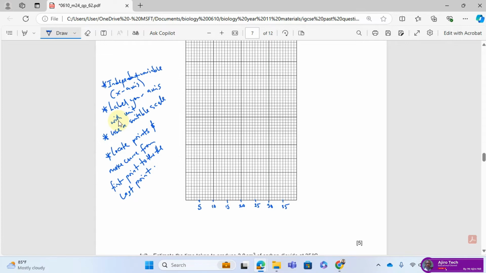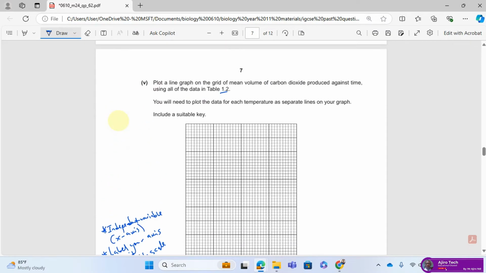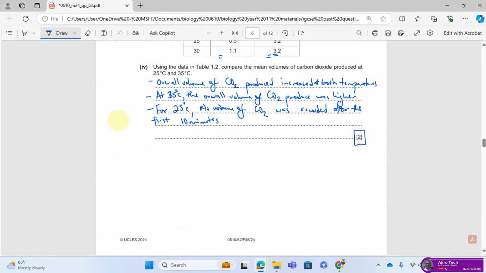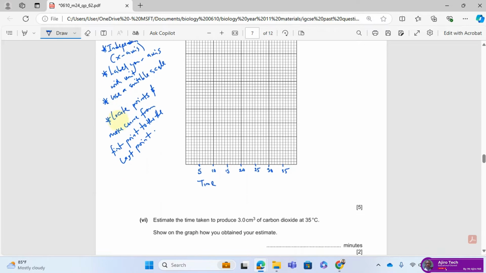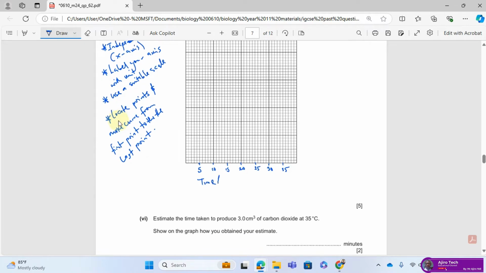Of course, labeling this axis with unit, the independent variable is time. The time here is in what? Time in minutes. We label the axis as time in minutes.